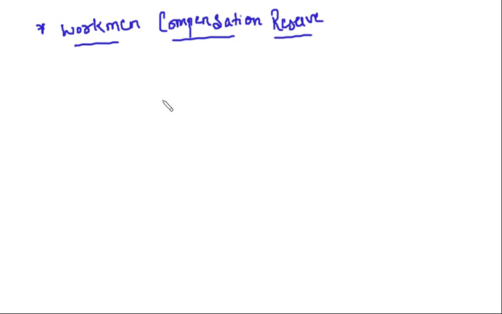Now, what is this workmen compensation reserve? We have been doing this topic in the last 3 chapters: change in profit sharing ratio, admission, and retirement.